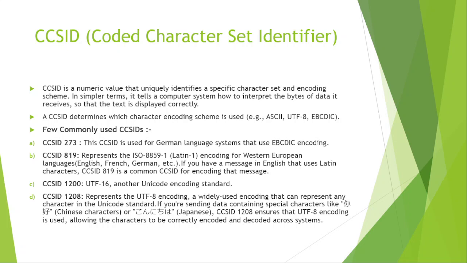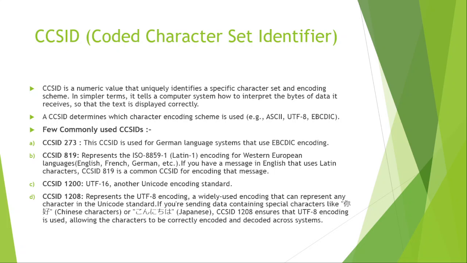So in simple terms, in layman language, when talking about ASCII and UTF-8, CCSID is a sub part of encoding. When you are learning character encoding, CCSID comes into the picture, and CCSID basically tells which characters we are going to allow and which characters we are not going to allow.